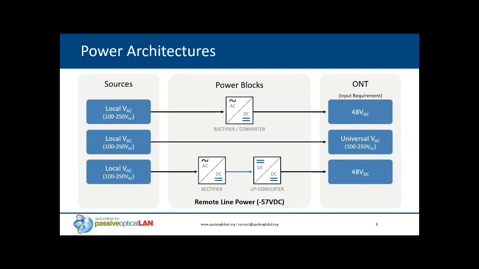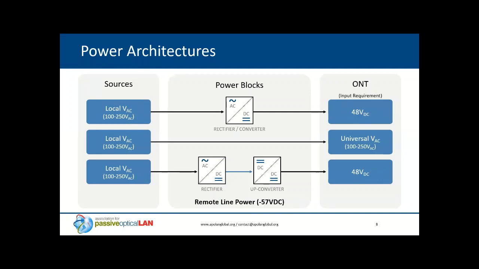So in the first block you can see here, we're using an external power supply, which is your converter. This is sometimes referred to as a wall wart or a power brick. The example that you see here is like your laptop. When you plug that into your AC outlet, there's a power brick that takes that into DC power that powers your device.